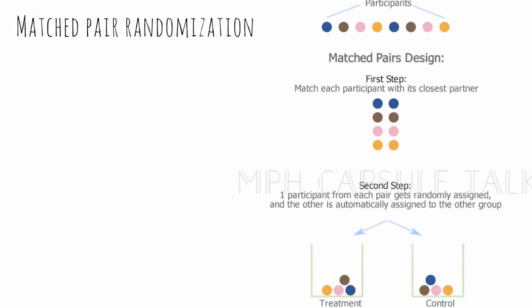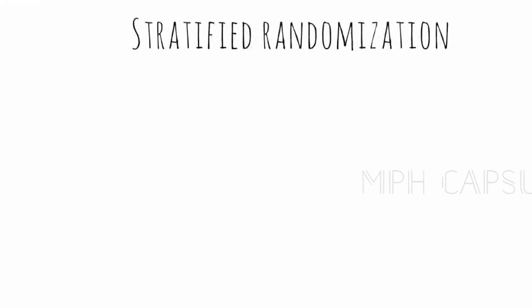So next is matched pair randomization. Here, individuals or clusters are grouped into pairs based on having similar observable characteristics. One unit in each pair is randomly assigned to the treatment group and the other to the control group. Next is stratified randomization.